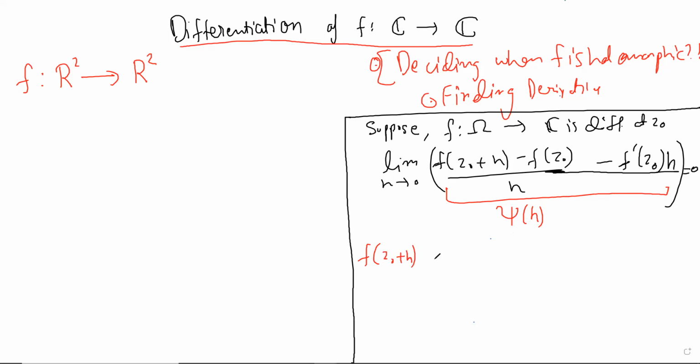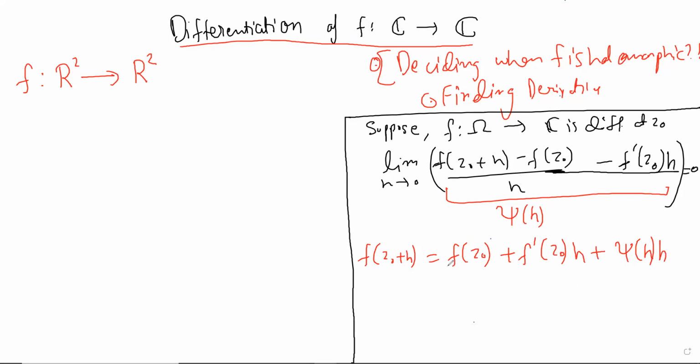f of z naught plus h is approximated at z naught by the derivative times h, and you have a function, which gets multiplied by h, right? So f of z naught plus h can be written like this.